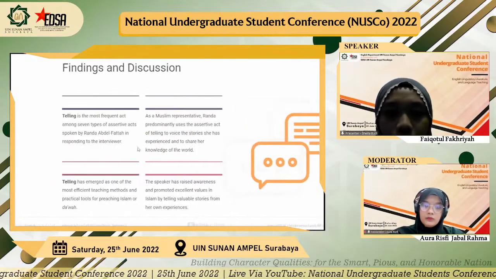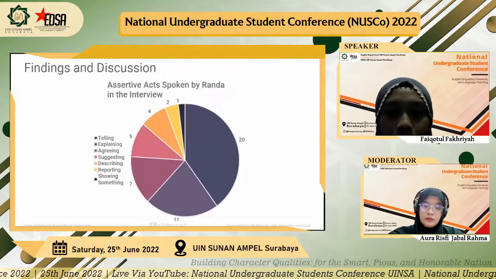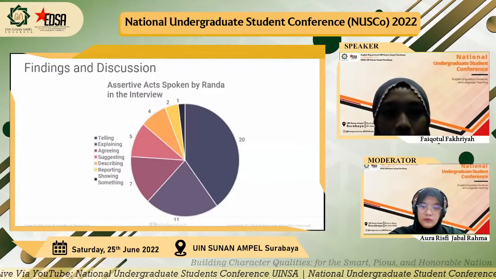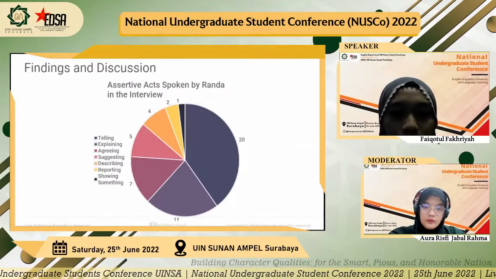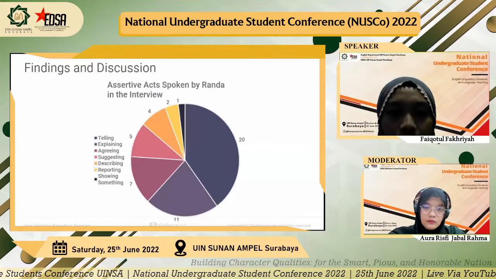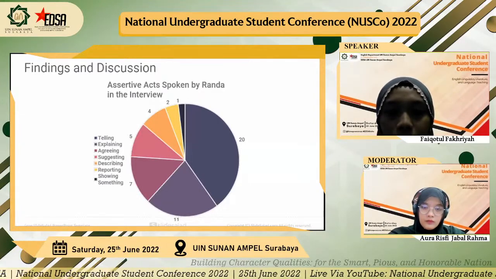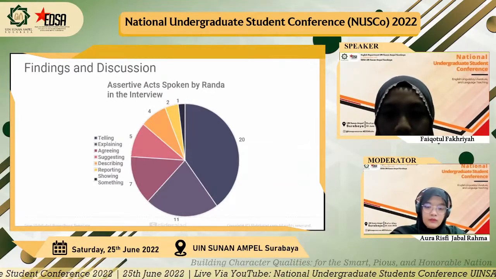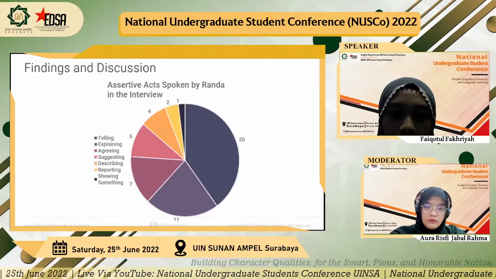Randa agrees books or fiction have the power to change one's life and impact young people by reflecting on racism issues. And the last assertive act performed by Randa is suggesting, in which Randa suggests some practical tips for young people dreaming of becoming writers, such as embracing reading and writing to overcome some struggles in writing and not giving up easily.